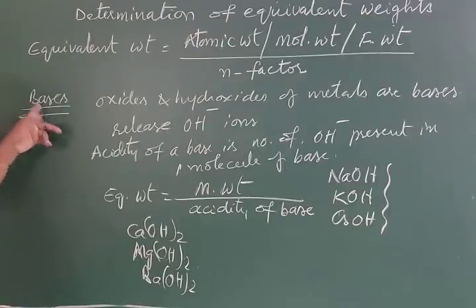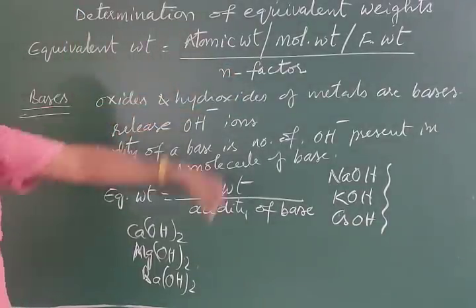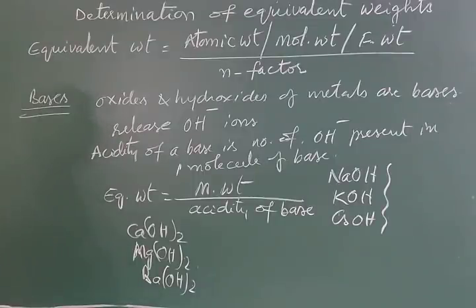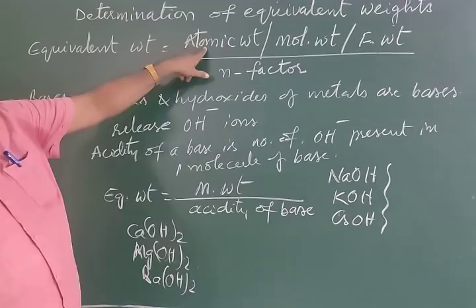For elements, equivalent weight is equal to atomic weight by valency. For acids, equivalent weight is equal to molecular weight by basicity of the acid. For bases, equivalent weight is equal to molecular weight by acidity of the base. Here N factor is changing. In the case of elements, we are taking atomic weight.